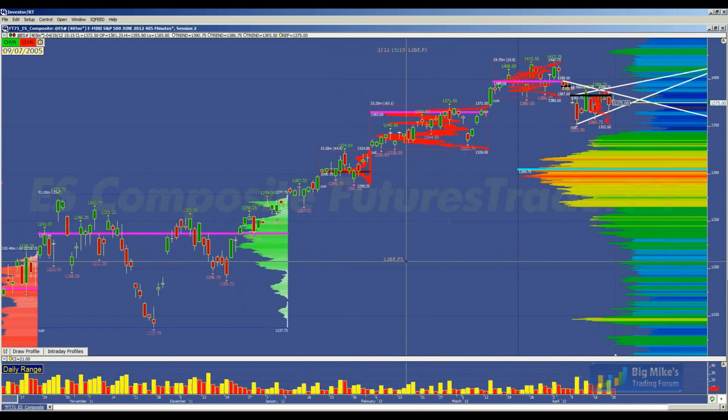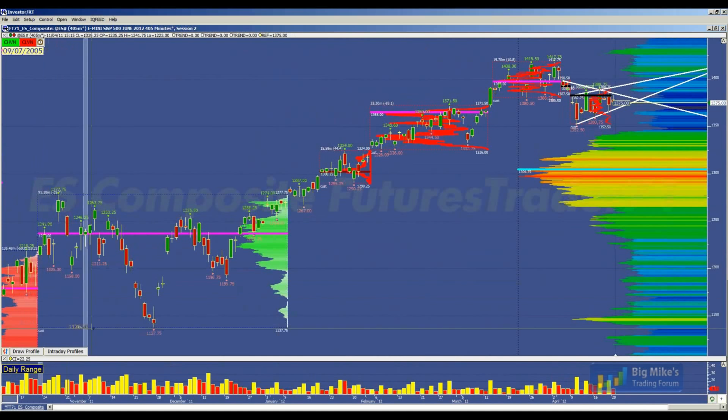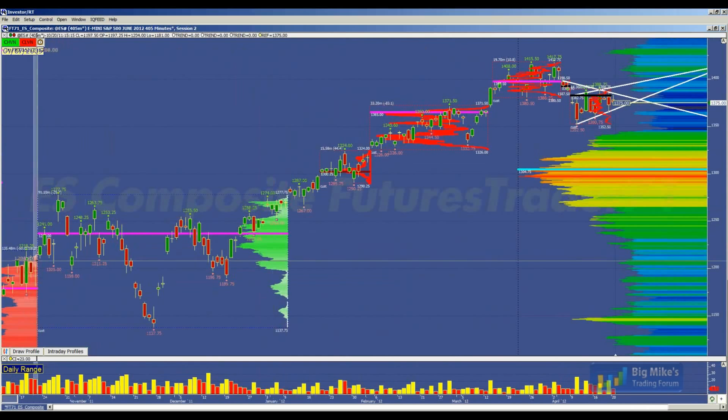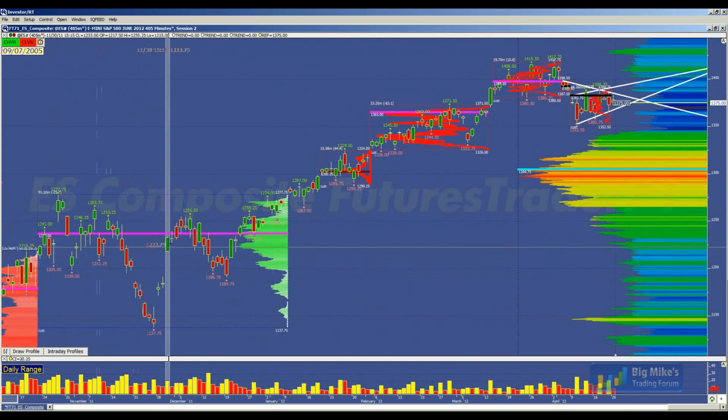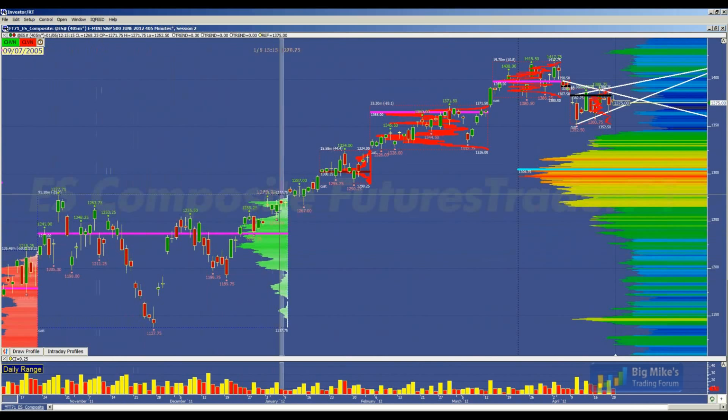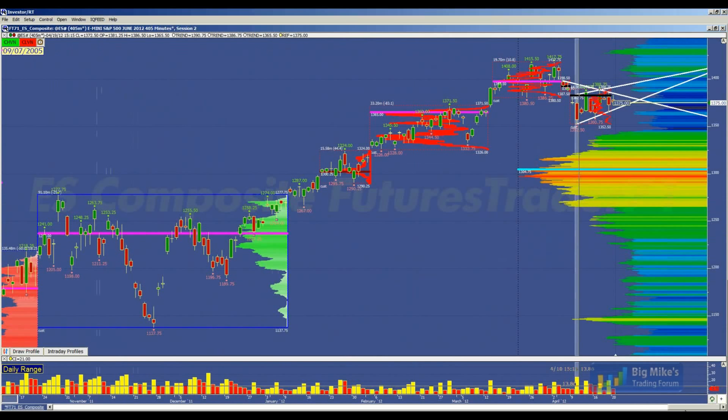Whenever the market goes into balance, like this zone here, as soon as it breaks out of a range and starts to fold on itself like this, where it's moving up and folding down, moving up and folding down, I create what's called a micro composite. So let's scroll this chart back.